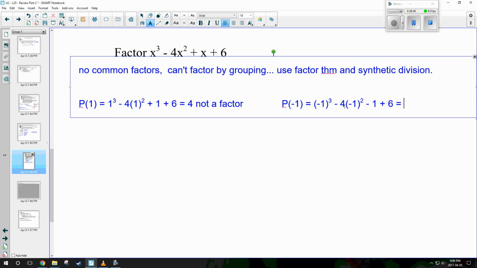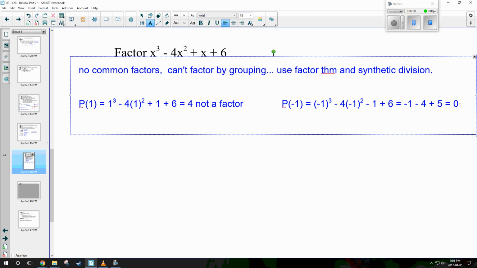Here we have -4, but -1 squared is a +1, so then we're still minusing 4. And then we have -1 plus 6, which would give us a +5. So -1 minus 4 plus 5 gives us 0. So that means that this is a factor. So that's what we're going to divide by.